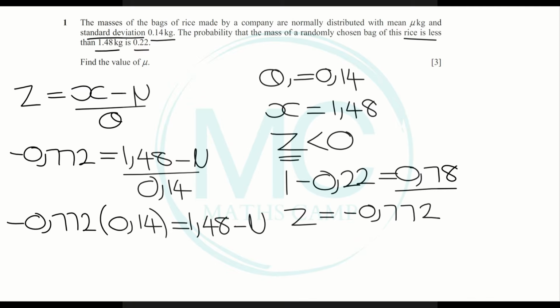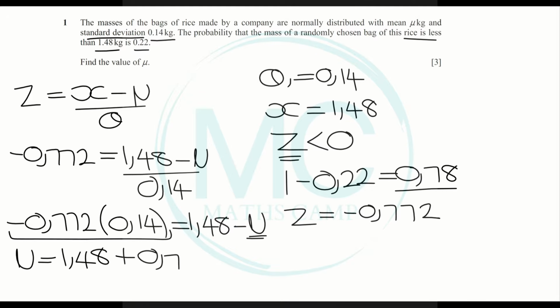To solve for mu, I need this value to be positive. So let's move it to the left-hand side. And I can say mu is equal to, on the right, I have 1.48. And I'm going to move all of this to the right as well. So I can say plus 0.772 multiplied by 0.14.